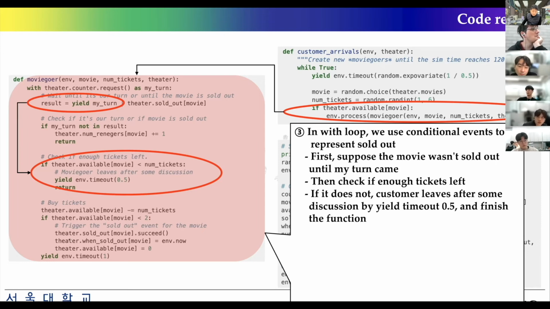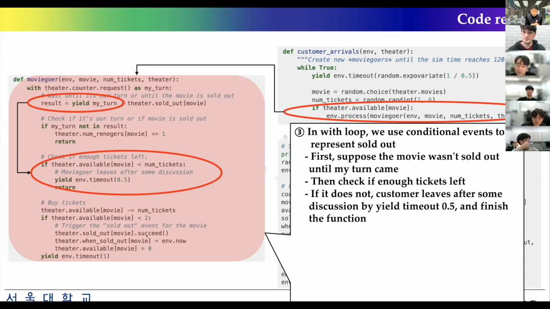In this case, the sold out member attribute of the theater is being triggered. Do you remember what kind of variable this sold out is? This is the shared event, and this shared event is being succeeded.